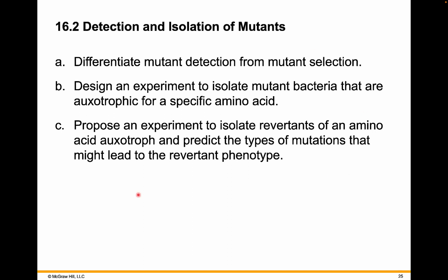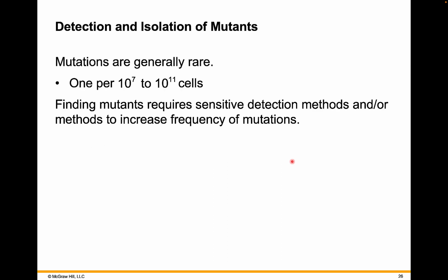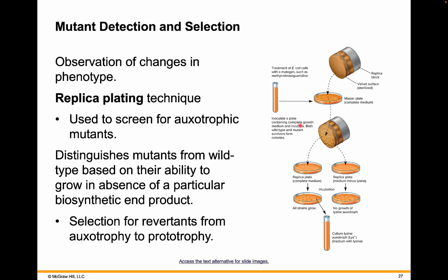After that, in the detection and isolation of mutations, we are going to talk about how we can get an auxotroph, how we isolate it, and understand what is going on. Usually the mutation rates are between 1 per 10 to the power 7 and 10 to the power 11 cells, and finding mutants requires a very specific, sensitive detection method.